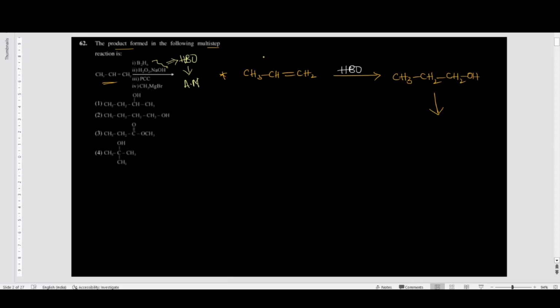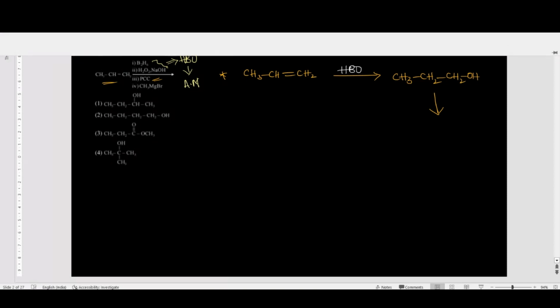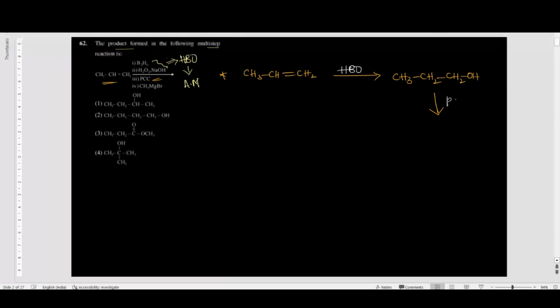Now they have given one more reagent, that is PCC, pyridinium chlorochromate, right? PCC is an oxidizing agent. This will oxidize primary alcohol to aldehyde, and it will oxidize secondary alcohol to ketones. I hope you know this, right?